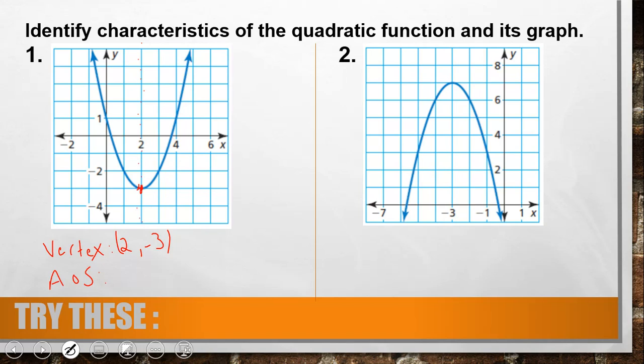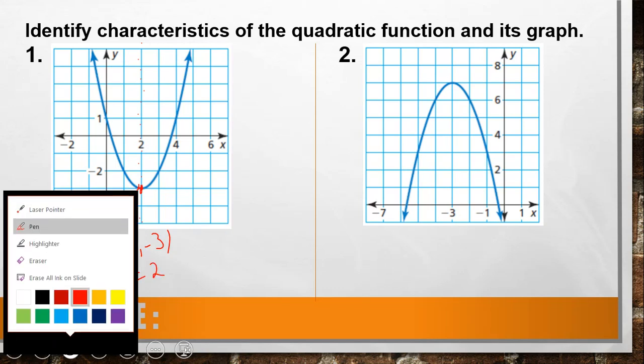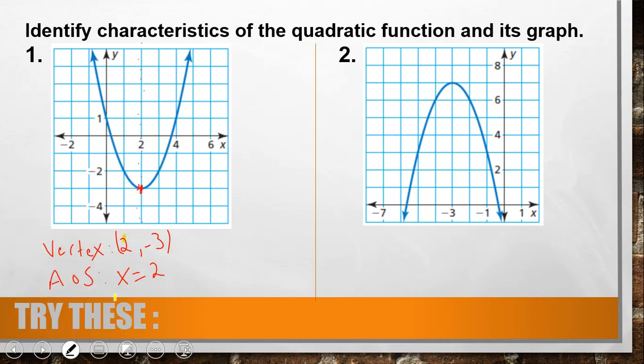And our axis of symmetry is going to be x equals, because it's a vertical line, 2. Remember, the x value of your vertex and your axis of symmetry have to be the same, because the axis of symmetry goes through the vertex.